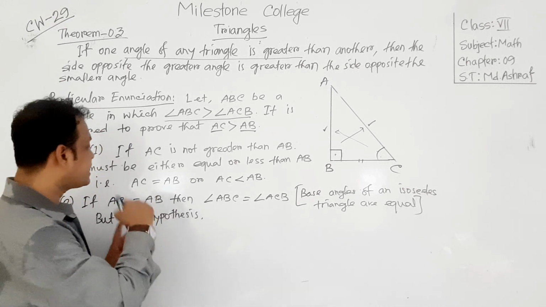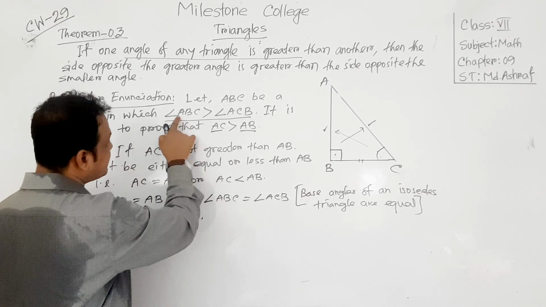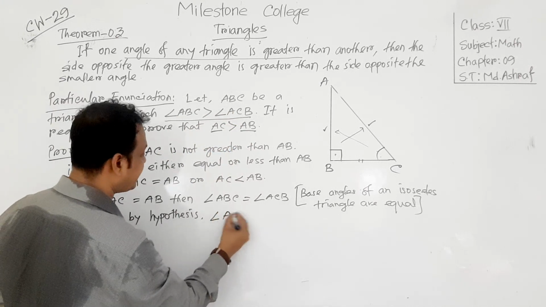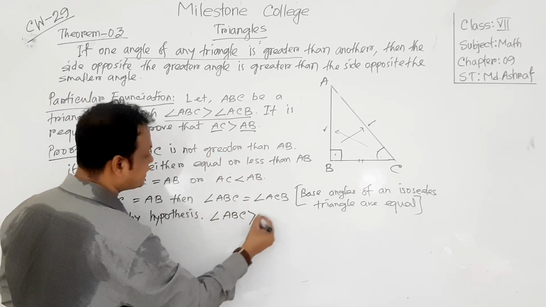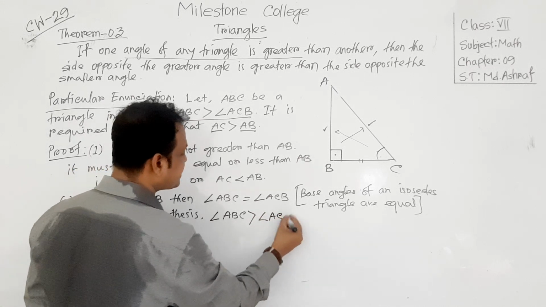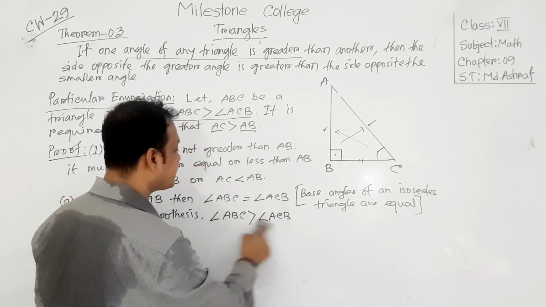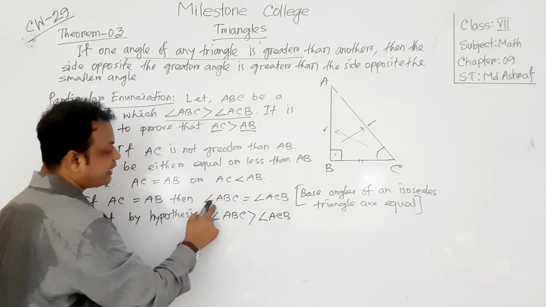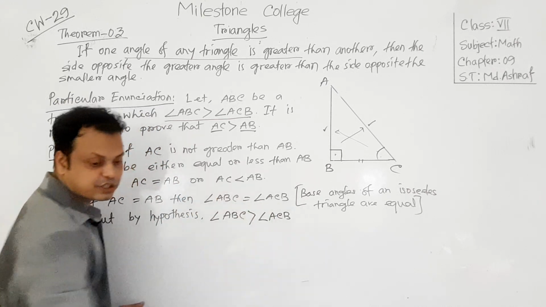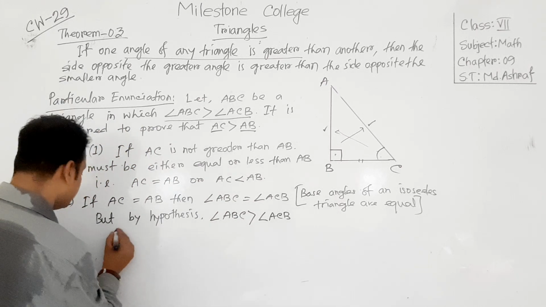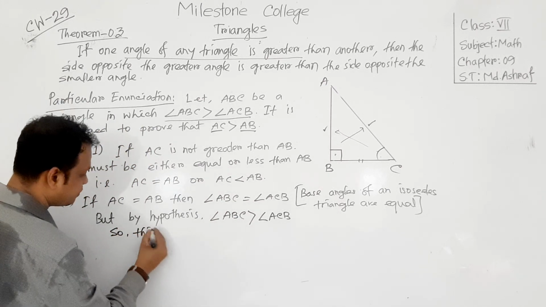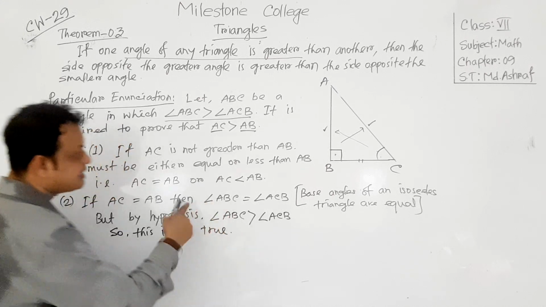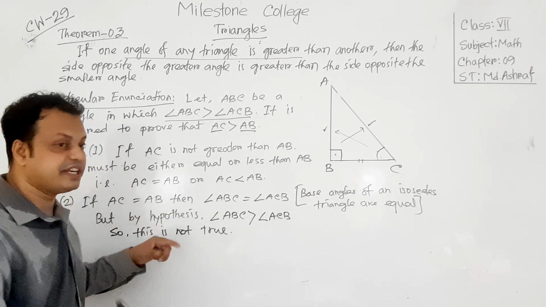It is given that angle ABC is greater than angle ACB, so angle ABC equals ACB cannot be right. This is not true, so AC equals AB is not possible.